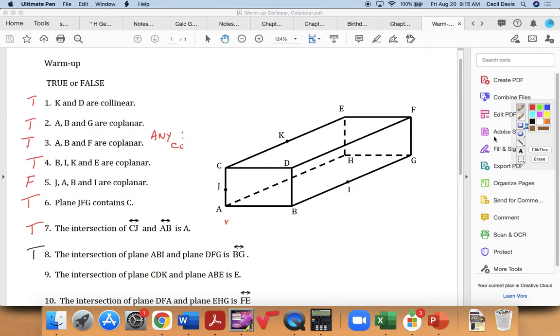For number 8, the intersection of planes CDK. CDK. All right, that's the top. And plane ABE. ABE. Oh, that's one of those diagonal planes. ABE.